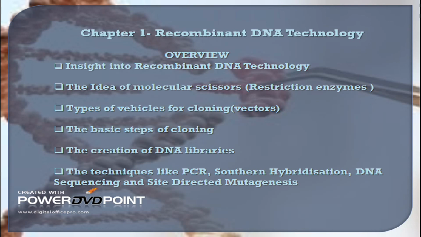Number 3, types of vehicles for cloning, also known as vectors. Number 4, the basic steps involved in cloning. Number 5, the creation of DNA libraries. And number 6, the techniques like PCR, Southern hybridization, DNA sequencing and site-directed mutagenesis.